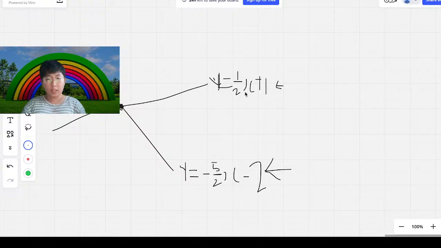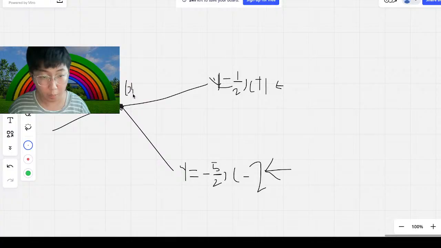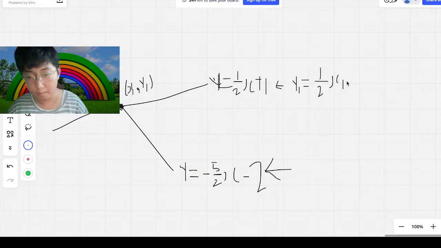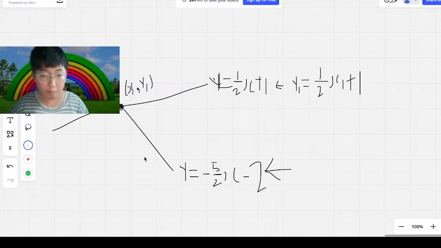If we plug in x1, like let's say this point is (x1, y1), it must satisfy that y1 is equal to 1/2 of x1 plus 1, right? And it must also satisfy this equation because it is on this line as well.